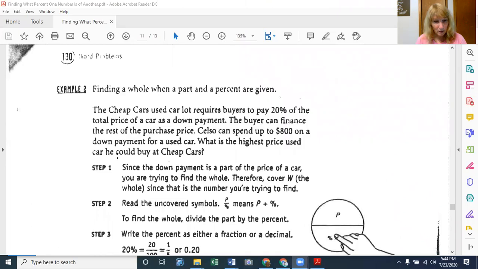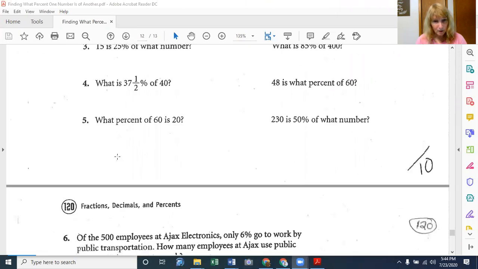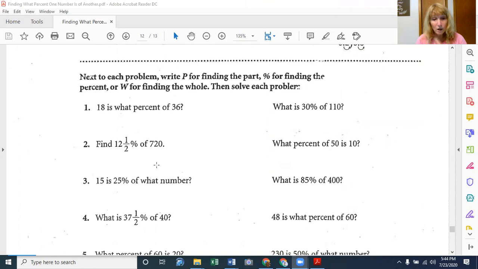I'm going to go way down here to recognizing types of problems. For all of these, the is over of will work. Is over of equals P over 100. We just have different missing parts. So for example, this is missing what percent. This is missing the is. What is 30% of 110?